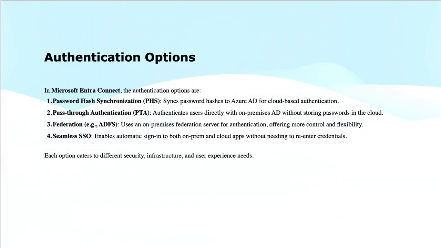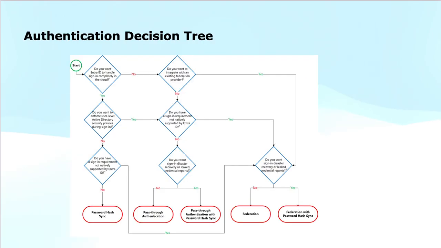When it comes to deciding which authentication method suits your requirement, this decision-making tree can help you understand the required method of authentication. If we start from the starting point at the top left, in green, number one, you have a question to ask: do you want Entra ID to handle sign-in completely in the cloud?